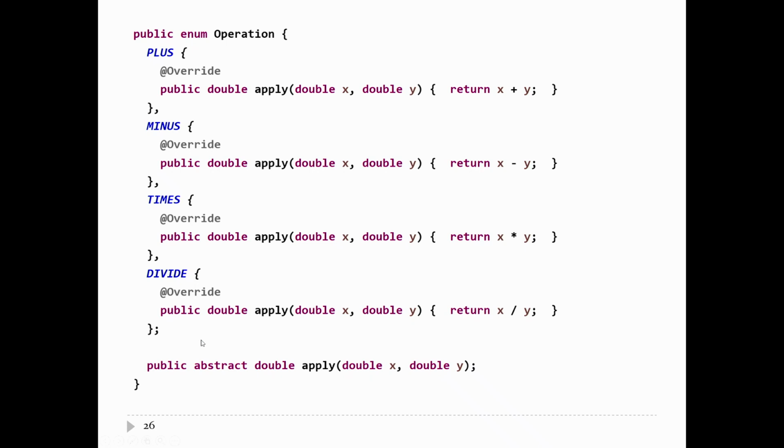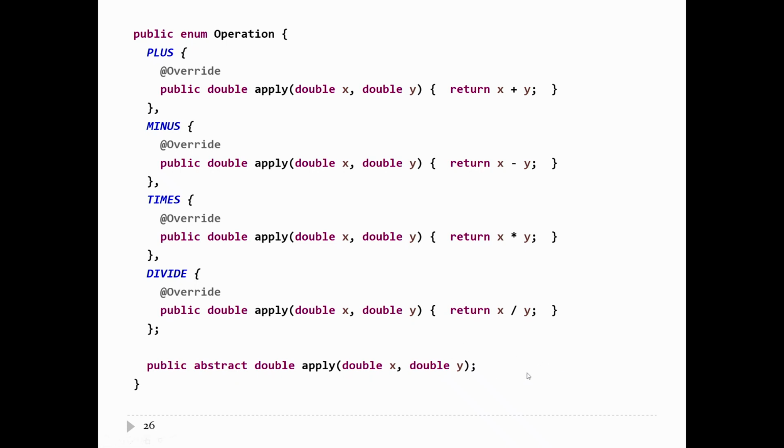By marking it abstract, you're saying every constant has a method called apply, and each constant will implement its own version of apply.